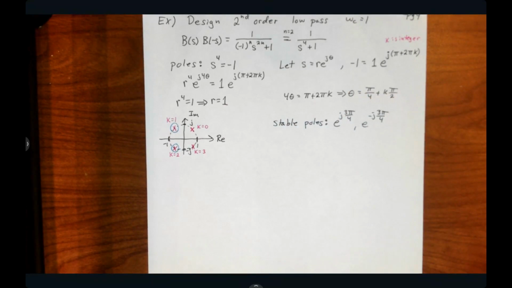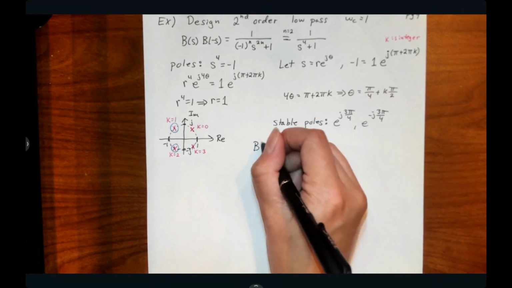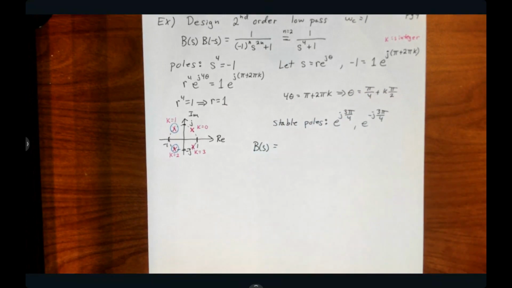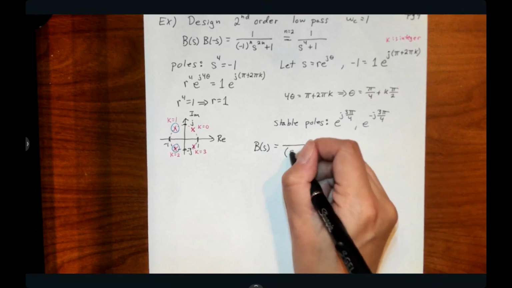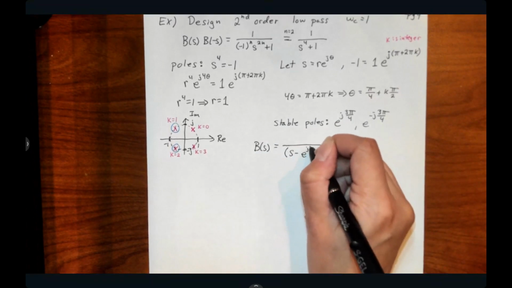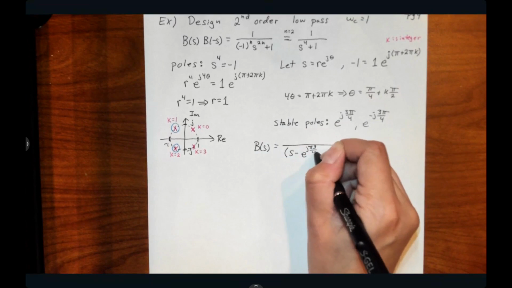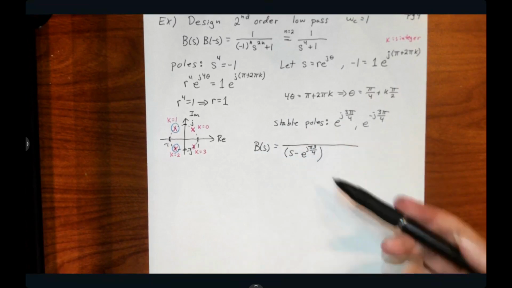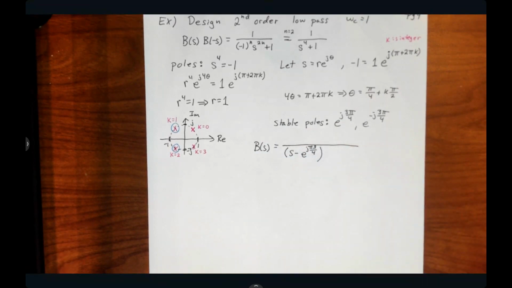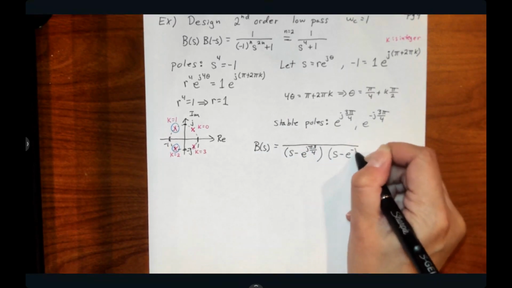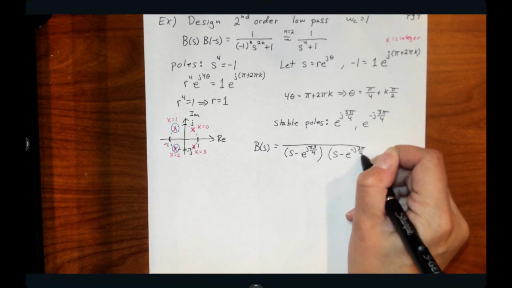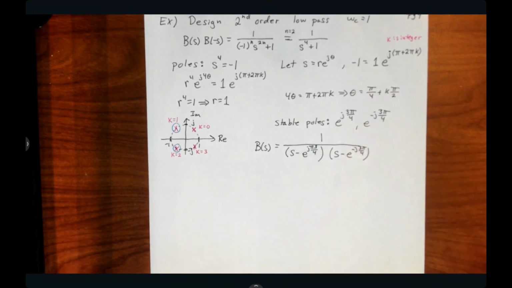And so I substitute in for B of S, keeping in mind that we need that minus sign before the pole, so that when we substitute in the pole value, we actually do get division by 0.